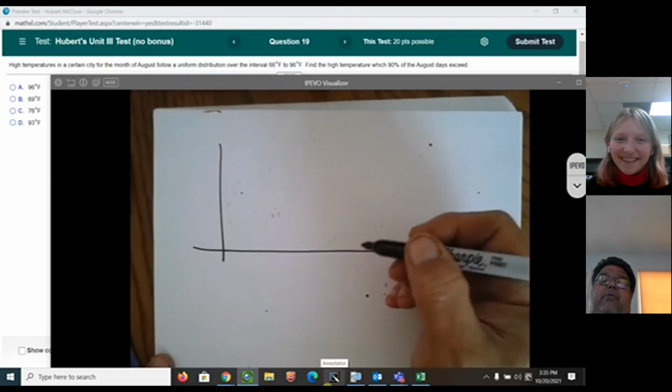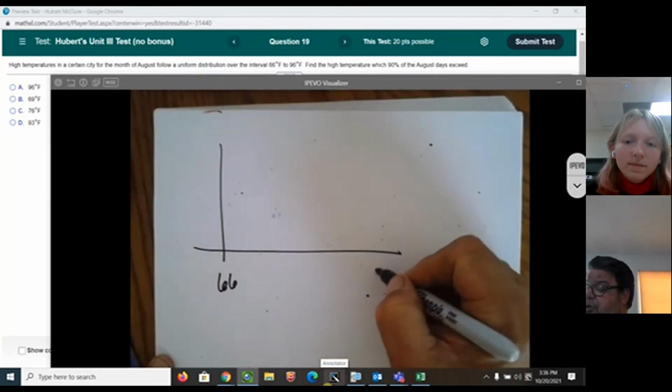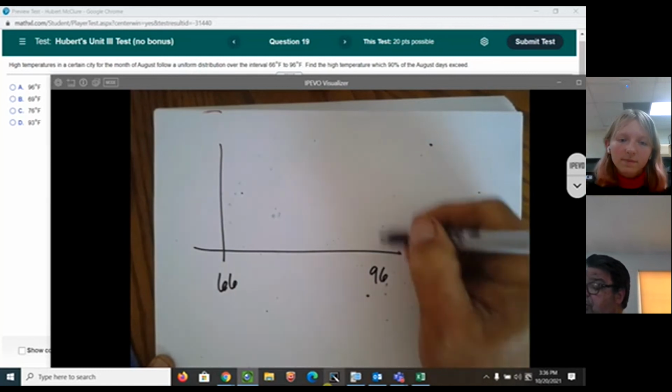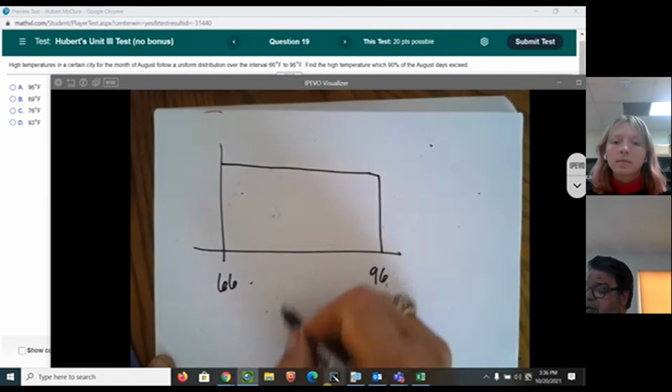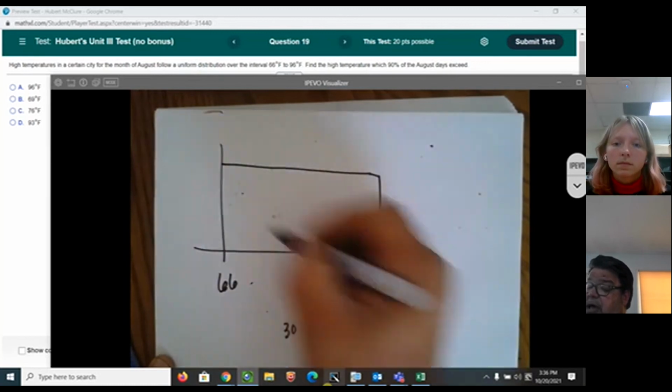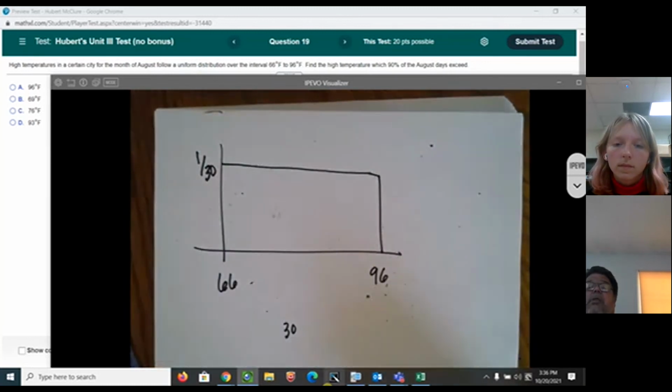The difference from 66 to 96 degrees means that the base is 30 and the height is 1/30. And they want to know 90% of days exceed. Okay, find the high temperature which 90%.